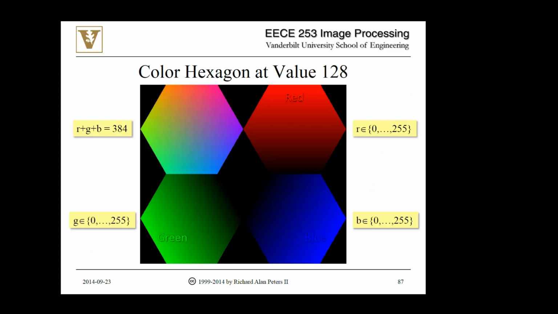Okay, so now you may remember yesterday we were doing this gamma transformation on the red, green, and blue channels. So we will do something similar. You can think of one of these planes, one of these intersections that we have, when the value is 128. This is the intersection.